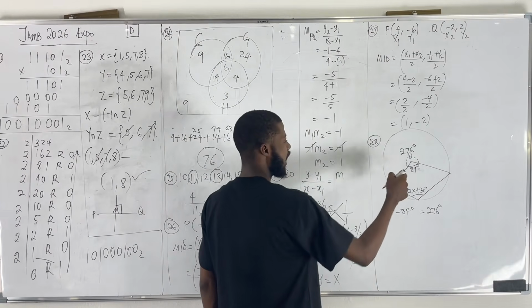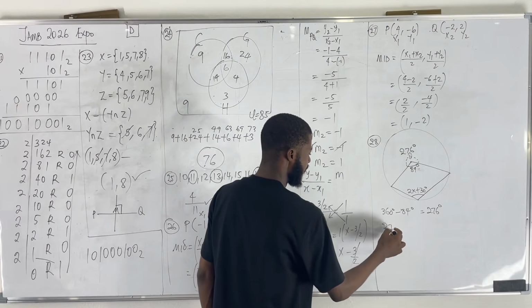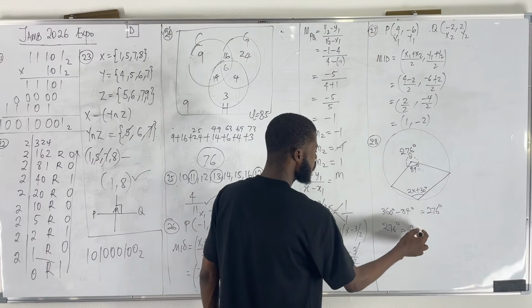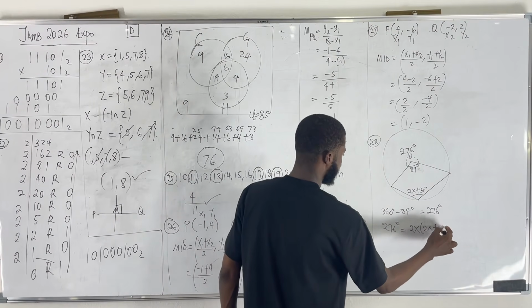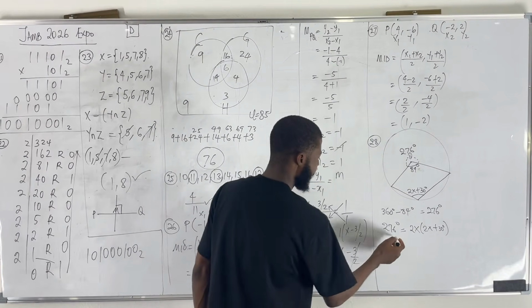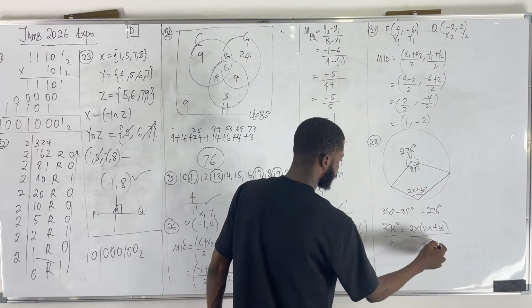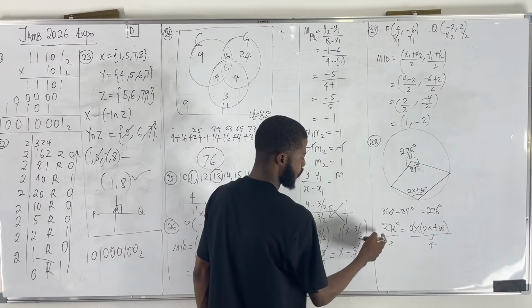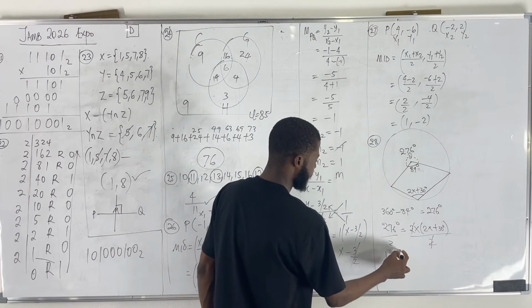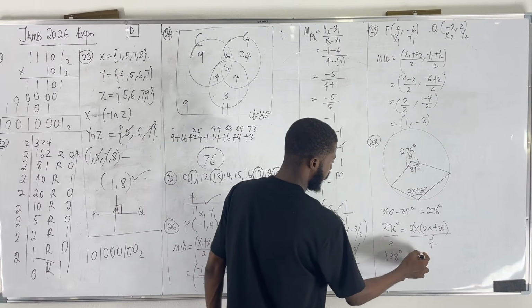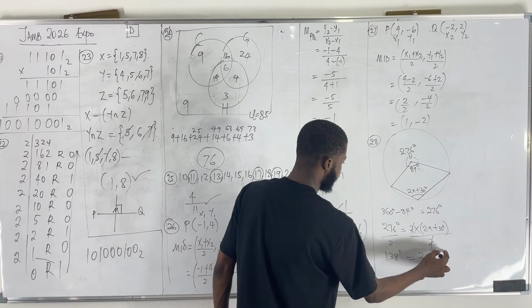Now remember that angle at the center, 276, is always 2 times the angle at the circumference, 2x plus 30. Always. So first, let's divide both sides by 2. So 2 we cancel out 2. 276 over 2. This will give us 138 degrees. Then this is equal to 2x plus 30 degrees.